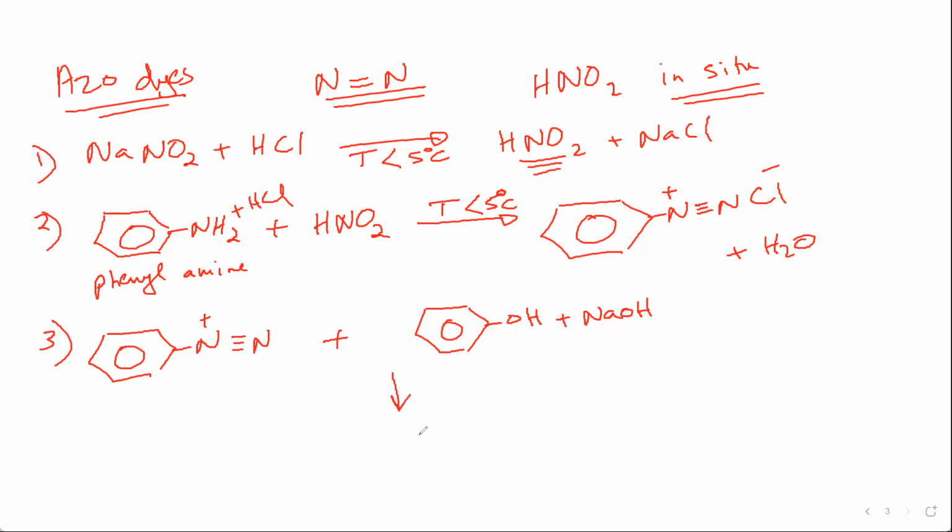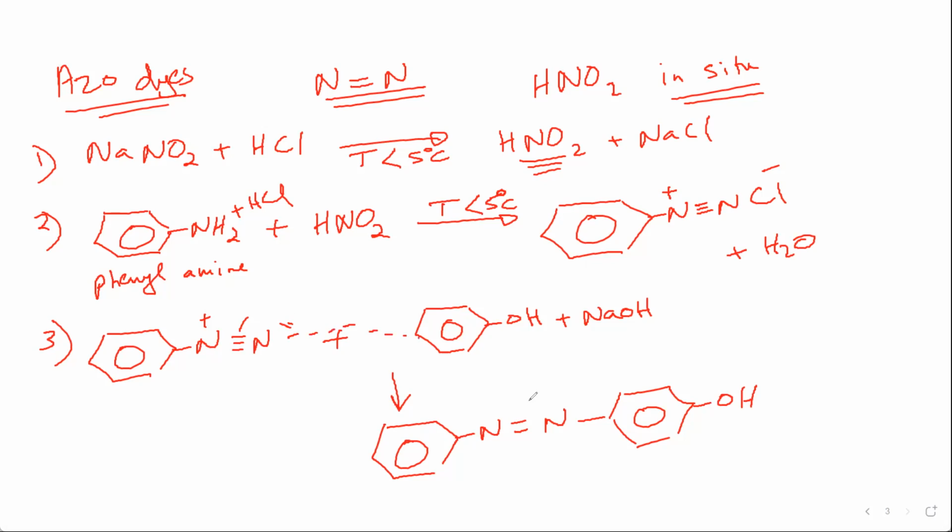And in that case, the azo dye is going to be prepared, which is the N double bond N, bonded to the phenol group. Of course, this phenol could be only a phenol or a substituted phenol. It doesn't matter, whatever they will write you. So this means as if this bond is broken, and it's the one that is going to connect the nitrogen to the ring of the phenol.